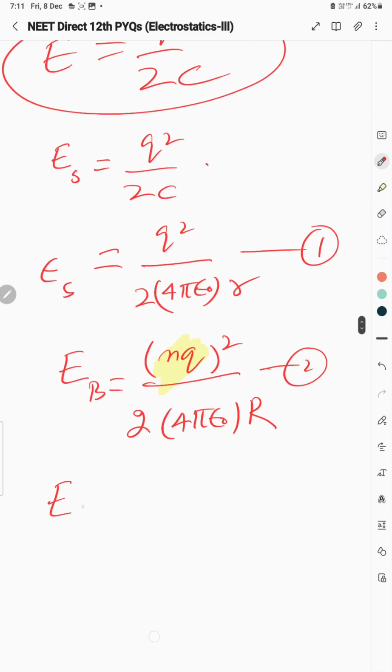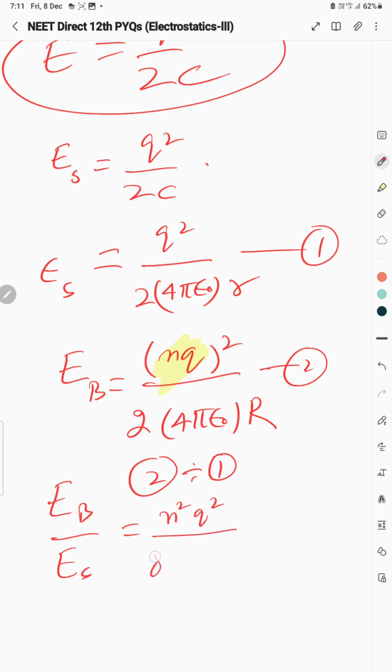So I write this way: big and small ratio. That is, I have to divide 2 by 1. So big means n square q square upon 8 pi epsilon naught R into 8 pi epsilon naught small r upon q square.